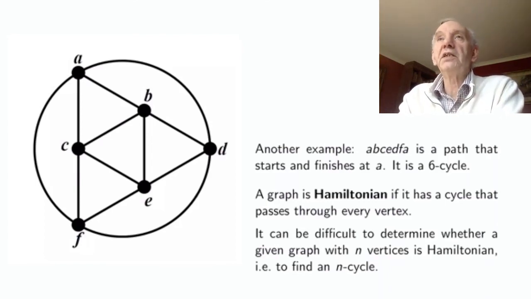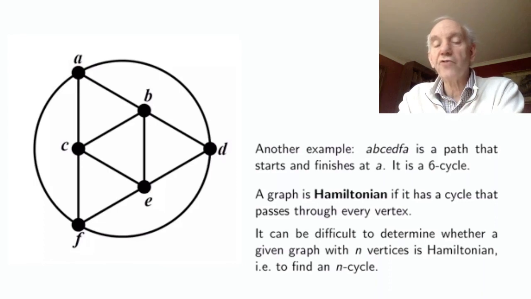But the question is, if it has n vertices, can you find a cycle with n edges? You can't have more than n edges because then you'd repeat a vertex and it wouldn't be a cycle. But the question is whether you can find a cycle that goes through all the vertices.